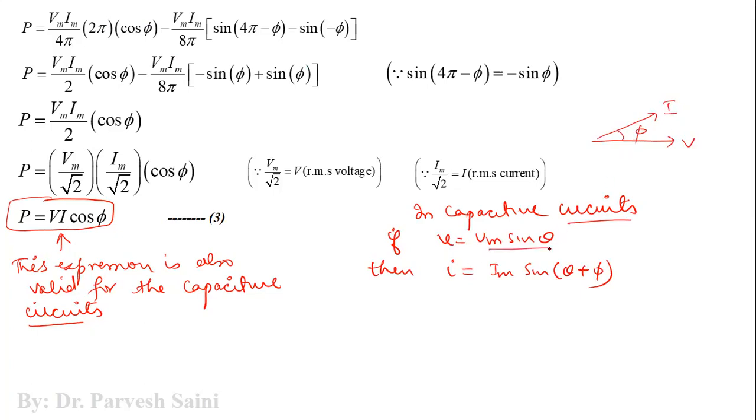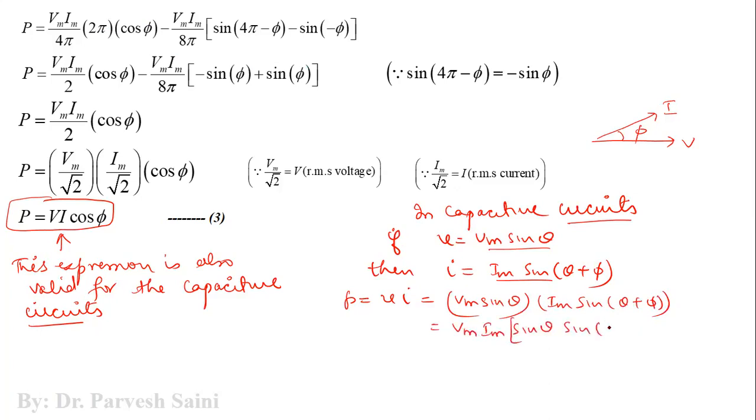So if you want to get the instantaneous power, which is V into I, you have Vm sine theta and Im sine theta plus phi. So you have the similar kind of expression here also. Right? So this is the instantaneous power here.